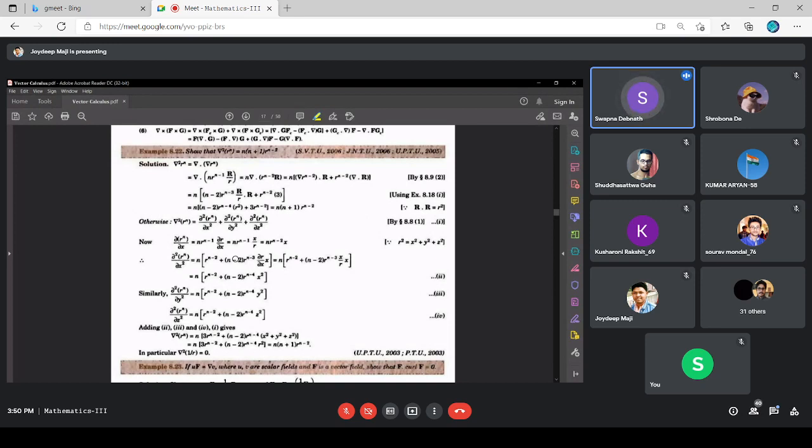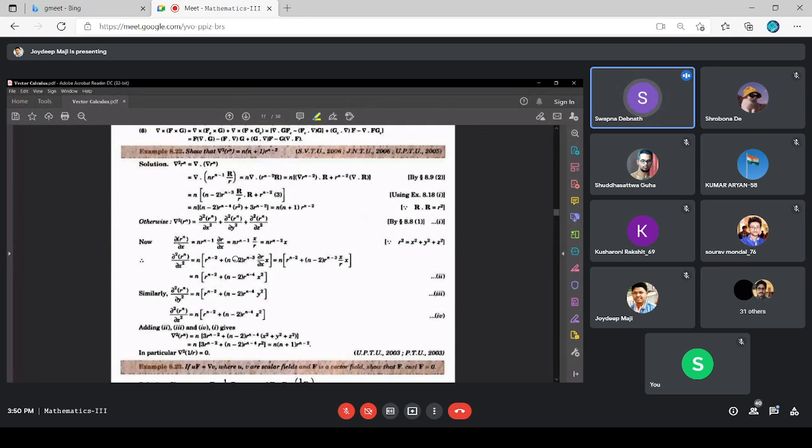You can calculate like this, or you can take r to the power n as x square plus y square plus z square to the power n by 2, and then you apply del 2 del x2, you will get the same results. Or like this, for example, del r to the power n. R to the power n is a scalar quantity.